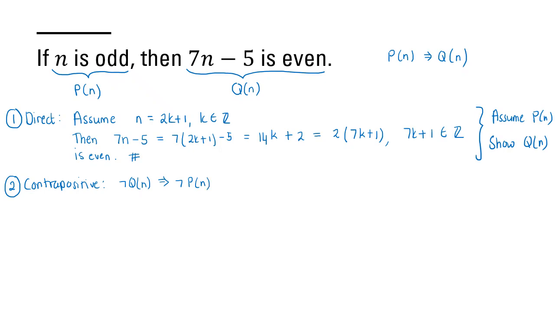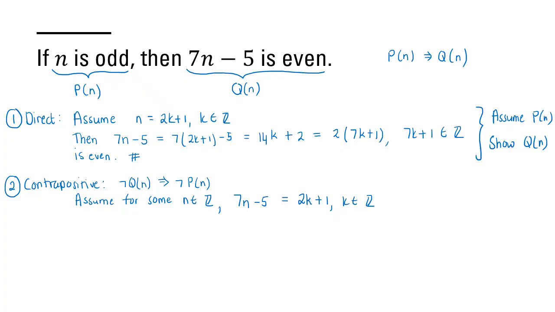So here, what are we going to assume? Well, we are going to assume for some integer n that 7n minus 5 is not even, but odd. So let's say 7n minus 5 is equal to 2k plus 1, where k is an integer.